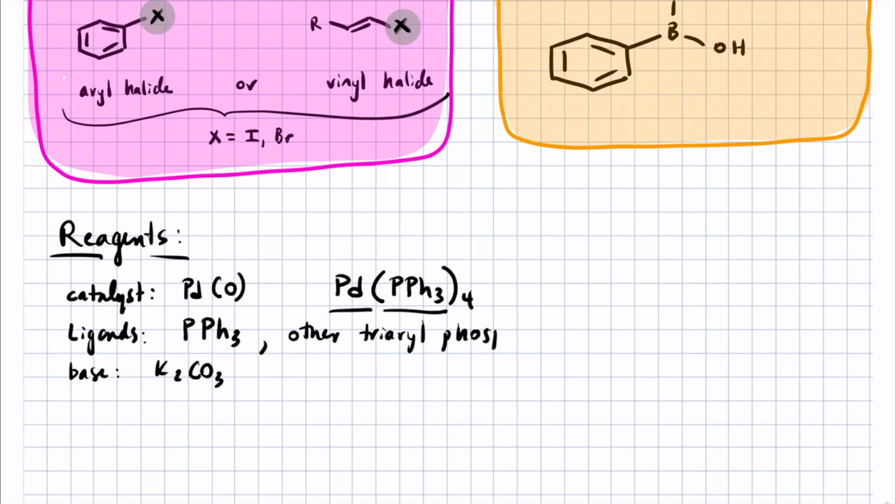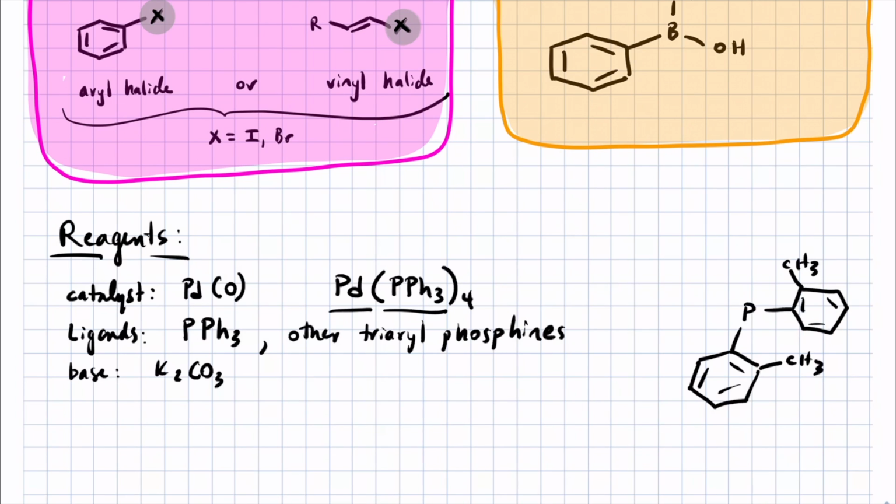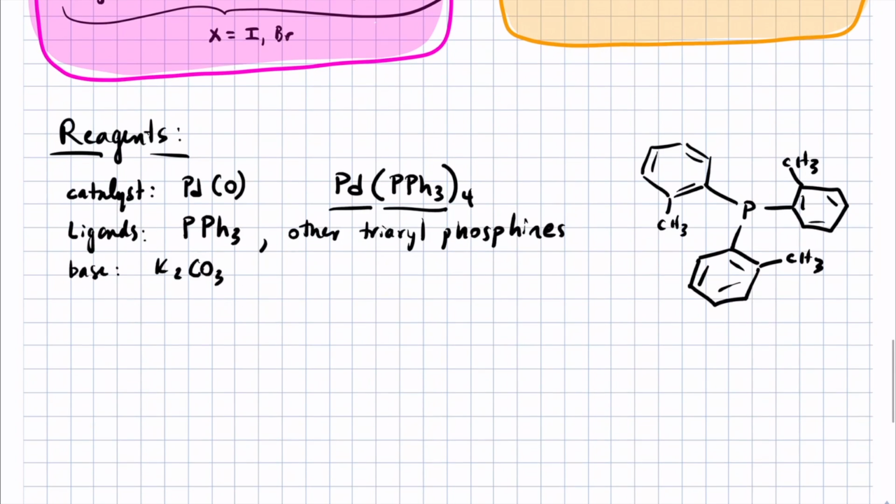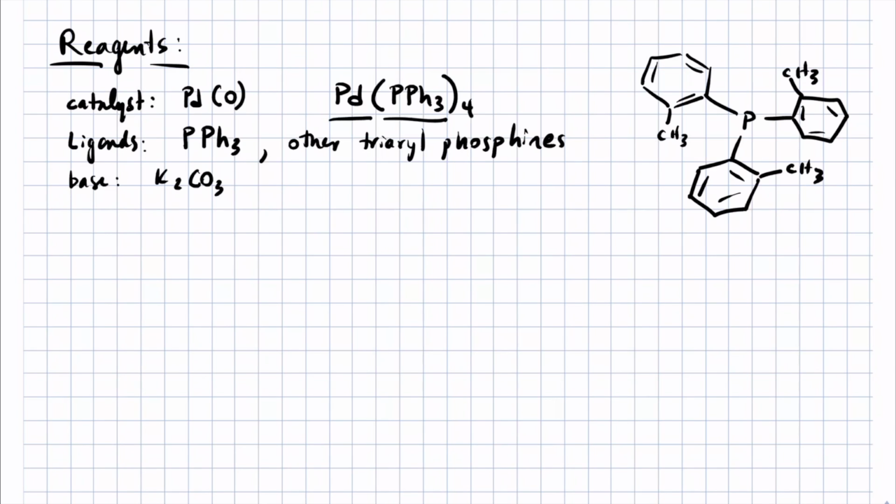Other triaryl phosphines are sometimes used. Your text shows this one. I won't require you to remember this one. This is the orthomethyl type of ligand.